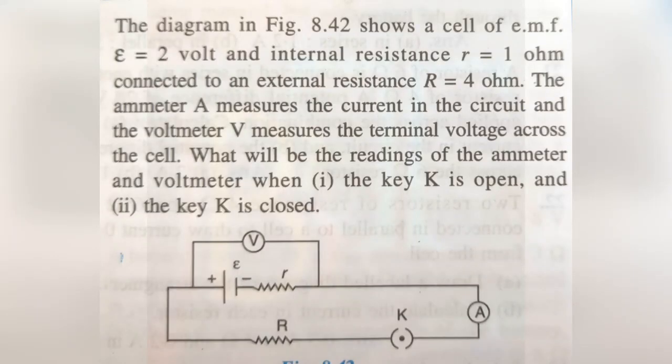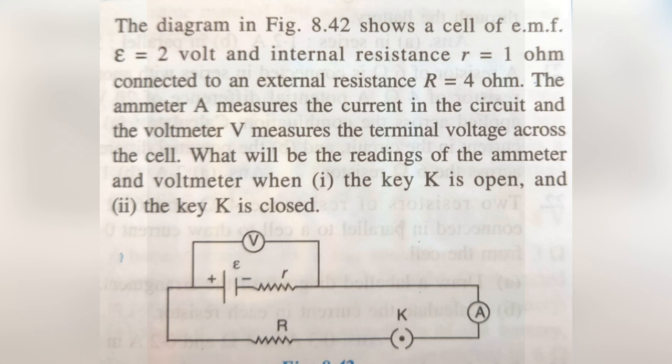Let us do some numericals. The first question is, the diagram below shows a cell of EMF 2 volt and internal resistance r equal to 1 ohm connected to an external resistance R equal to 4 ohm.